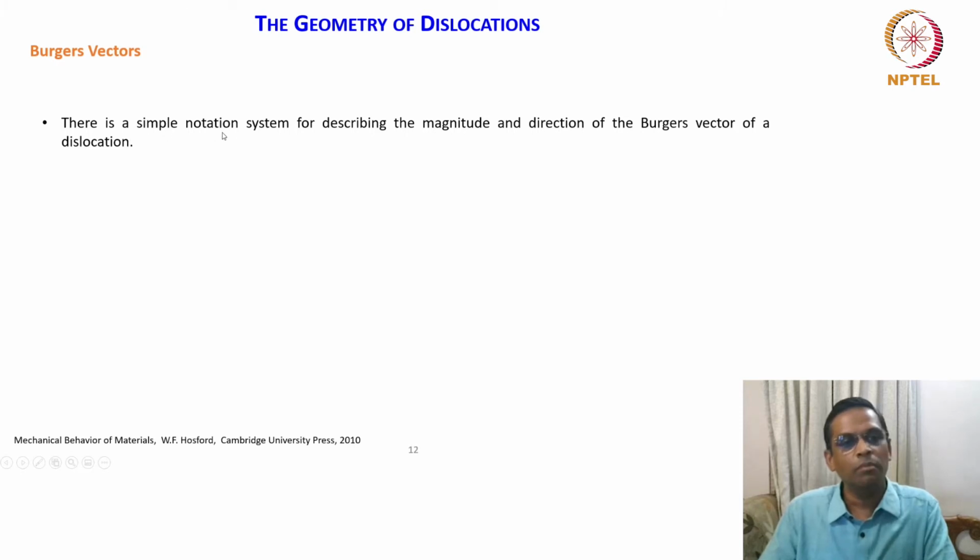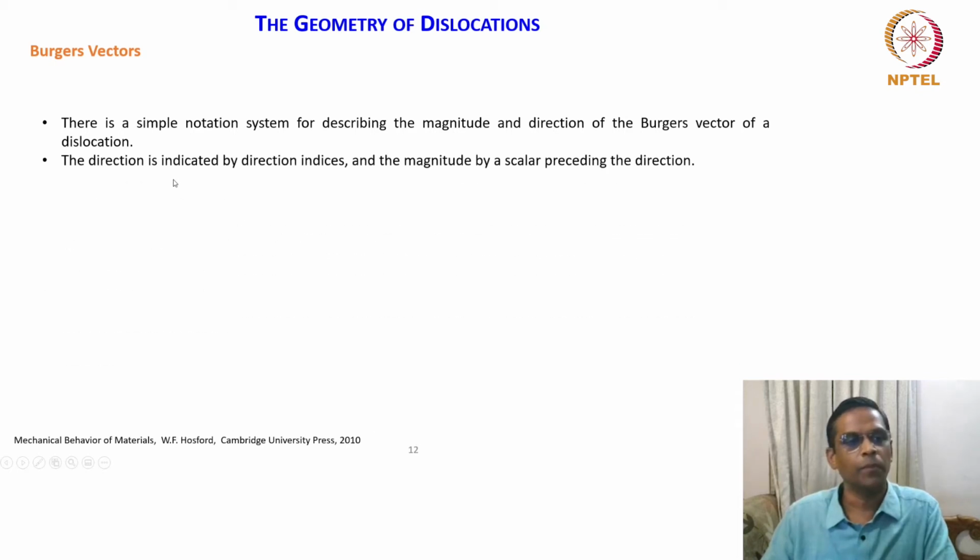So there is a simple notation system for describing the magnitude and direction of the Burgers vector of a dislocation. The direction is indicated by the direction indices and the magnitude by a scalar preceding the direction.